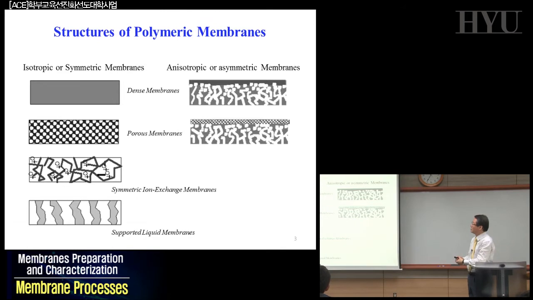This is a brief summary of the structure of polymer membranes. We have symmetric membranes and asymmetric membranes. Symmetric membranes can be described as dense membranes, like Wright and Breton's cellulose acetate thin film, which can separate water from seawater.